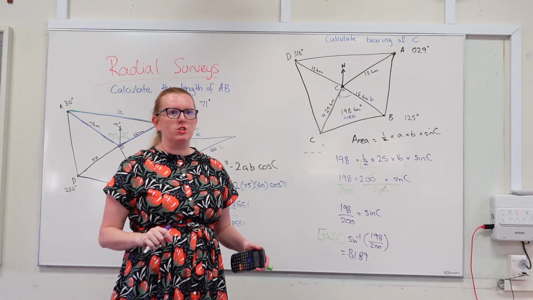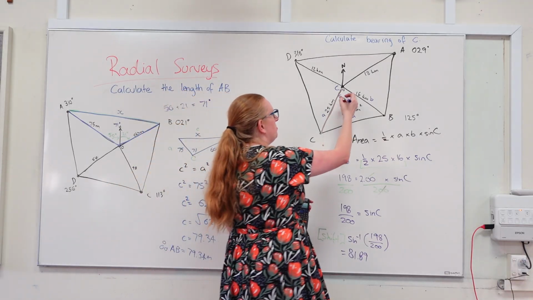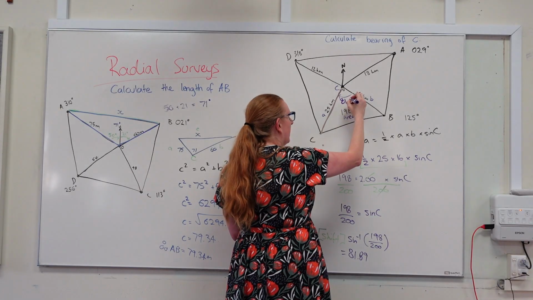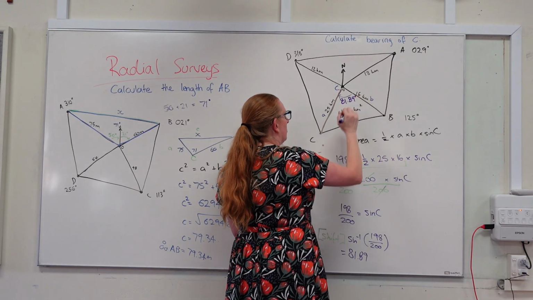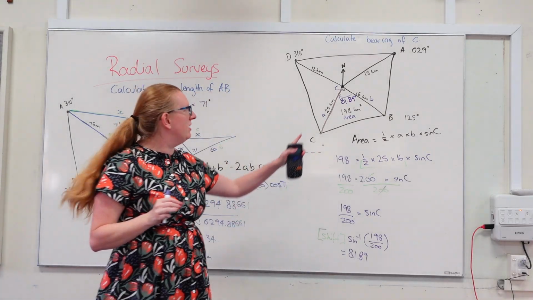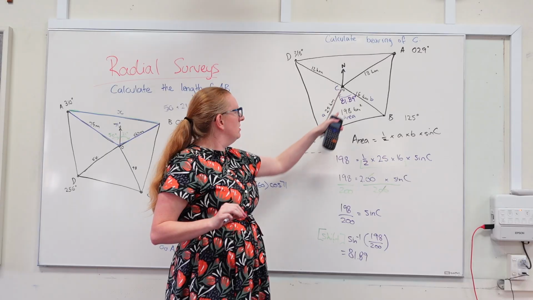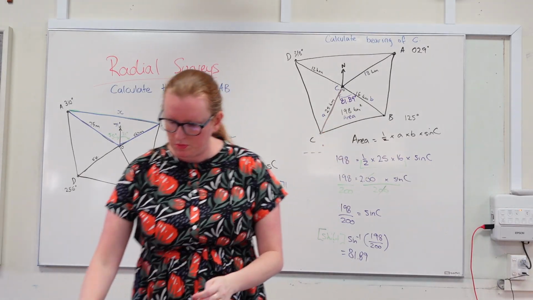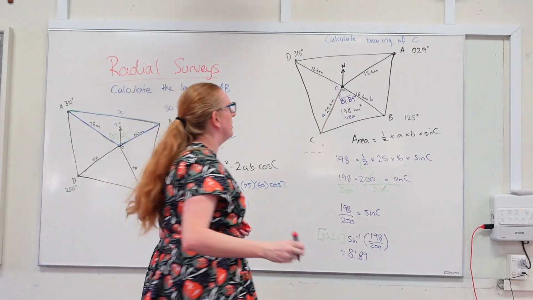Now I'm not quite finished. I found how big this angle is. It's 81.89 degrees, but that doesn't tell me this. I then have to add this angle to this bearing over here to get the final answer. So let me show you what I'm talking about.